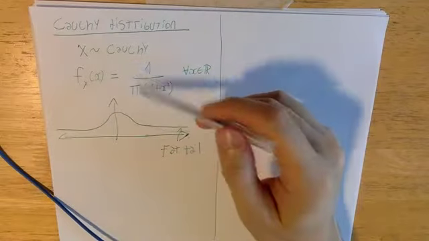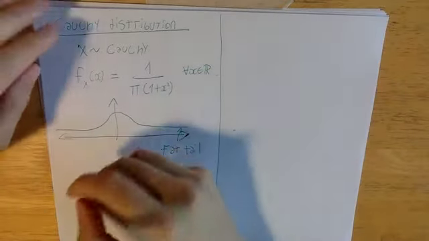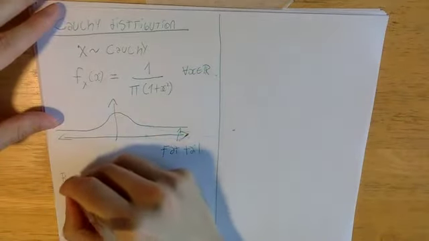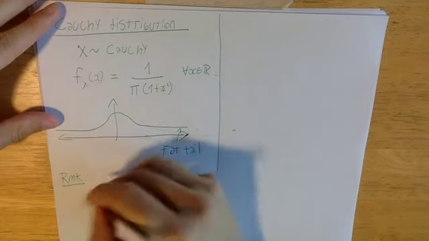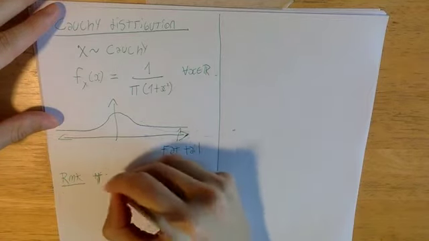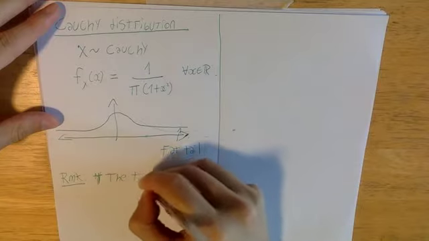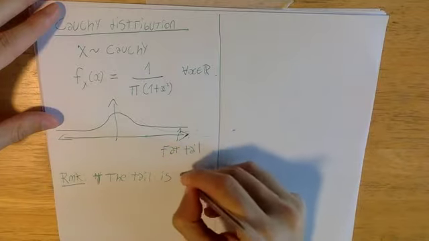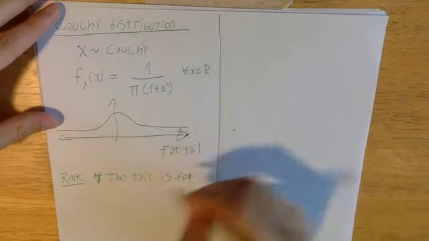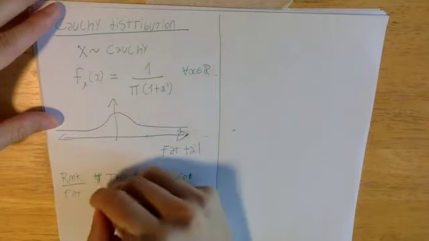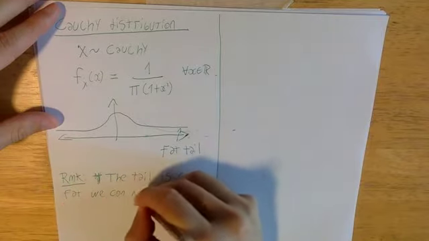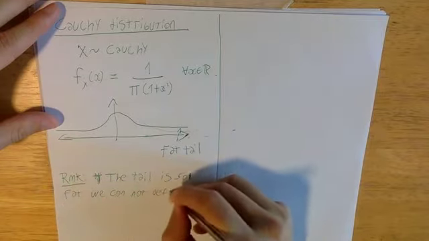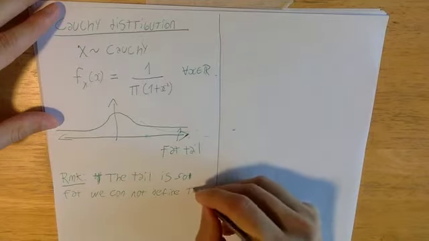This one has such a fat tail that we cannot define the expected value.